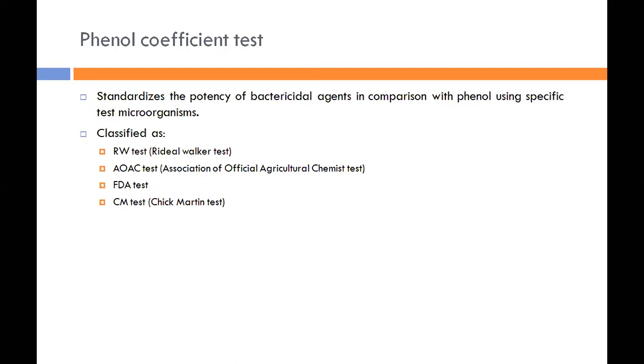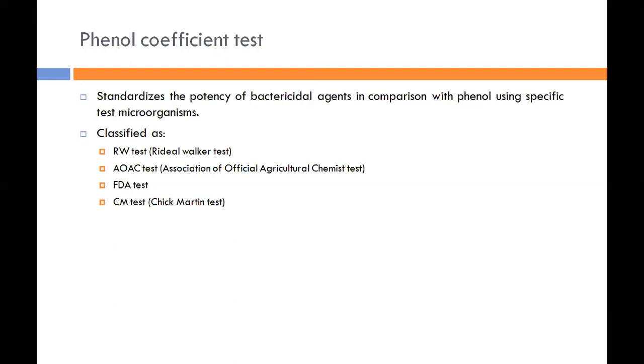That is why phenol is now considered the standard antimicrobial agent, and other agents are compared with phenol to test their efficiency. What they have written here is: standardizes the potency of bactericidal agent in comparison with phenol using specific test microorganism.